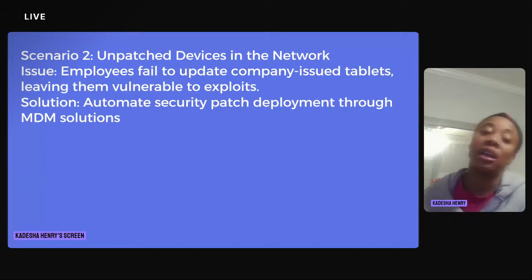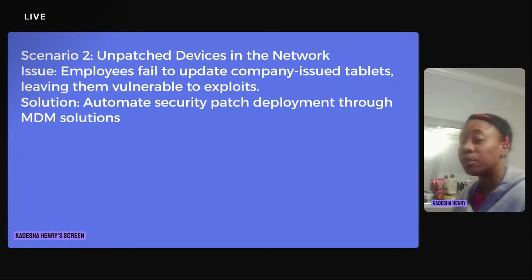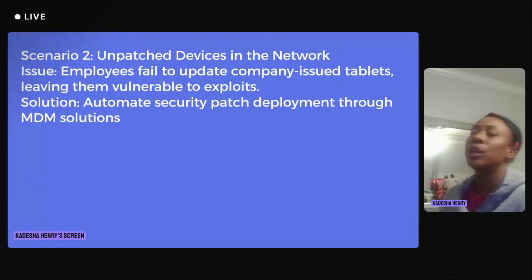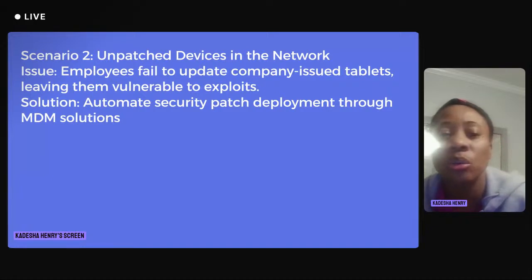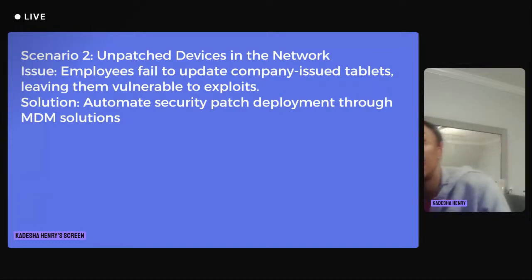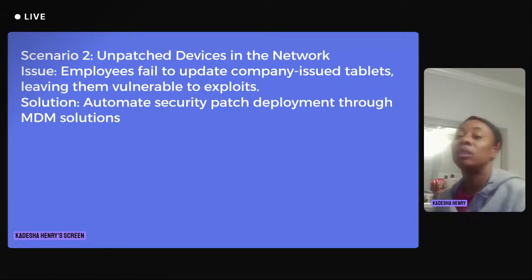But because the company has an automated security patch deployment through the MDM solution, it took care of that problem. Because we do know sometimes employees are not responsible. And so because we implemented the MDM solution, it automatically updates to do the patches.